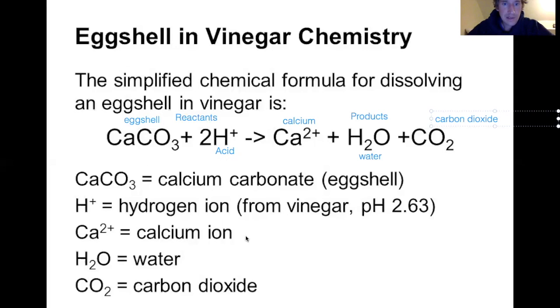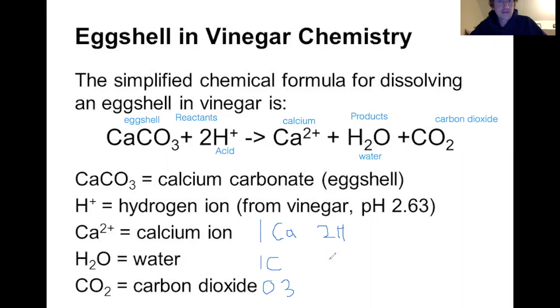So on this side we have 1 calcium on the reactant side, 1 carbon, and then we have 3 oxygens, and then 2 hydrogens. And then on this side we have 1 calcium, 1 carbon, 3 oxygens, 1, 2, 3, and then 2 hydrogens. So we know that chemical equation is balanced, and it's a demonstration of how conservation law of mass is just molecules changing from one molecule to another type of molecules.